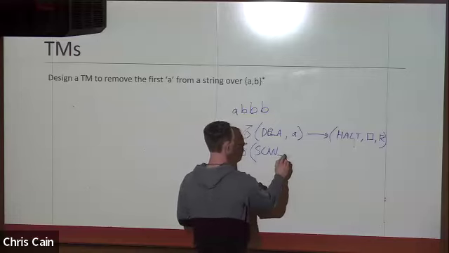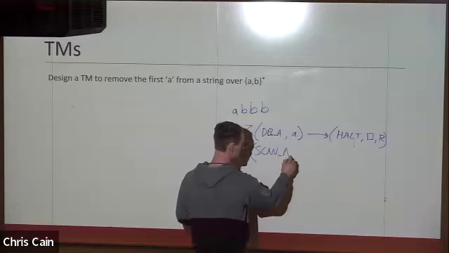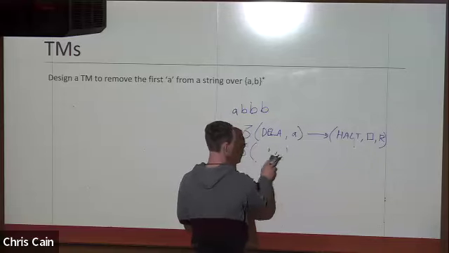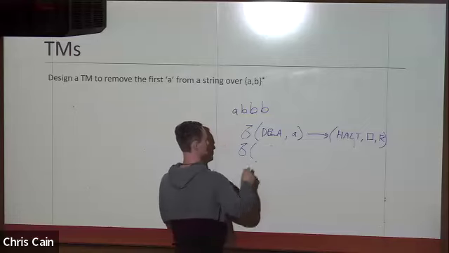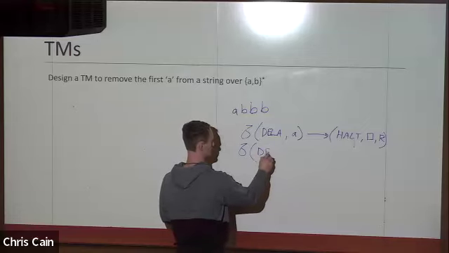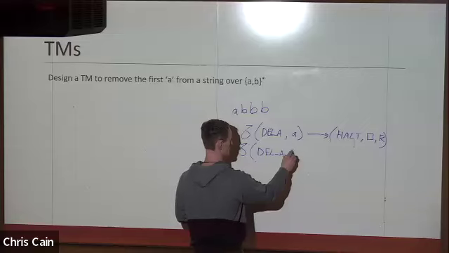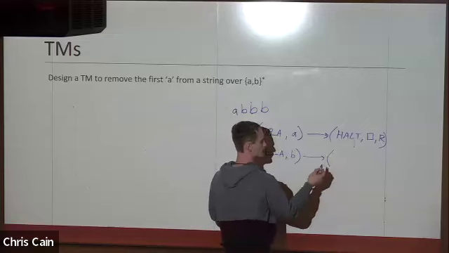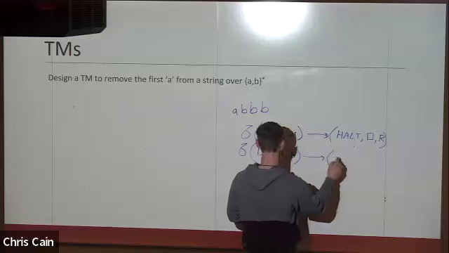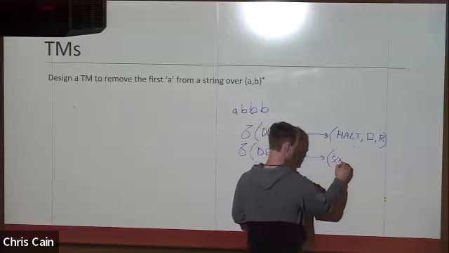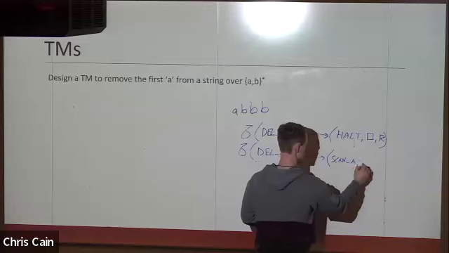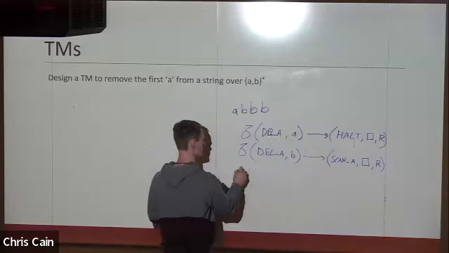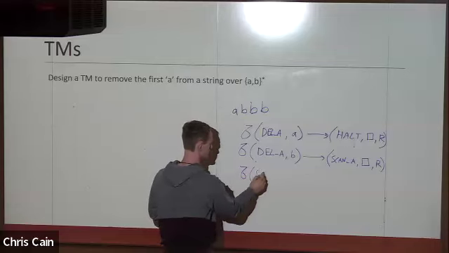Okay. So if the first character isn't an A, we're going to scan for an A. That should be the starting state, so you're going to have to set it as DEL_A. If we read a B, we can erase, but we're also going to start scanning for the A. Scan A: erase, move right. Then it's pretty simple as long as we're scanning for A's.